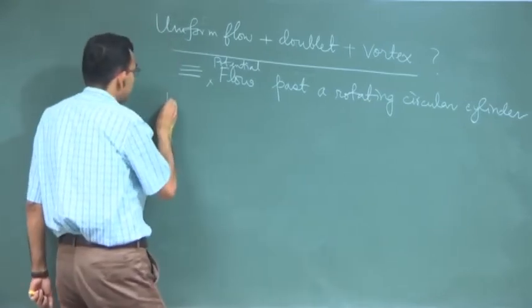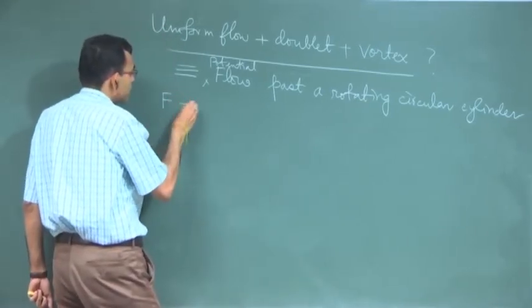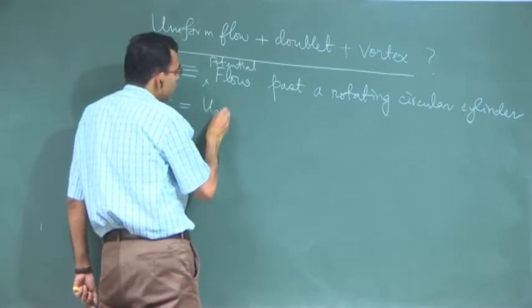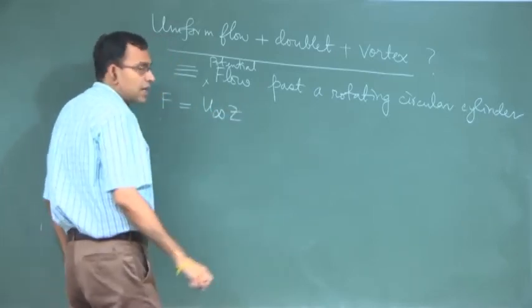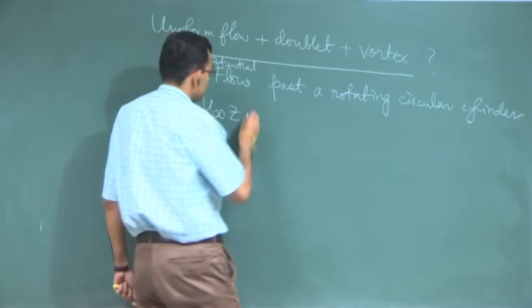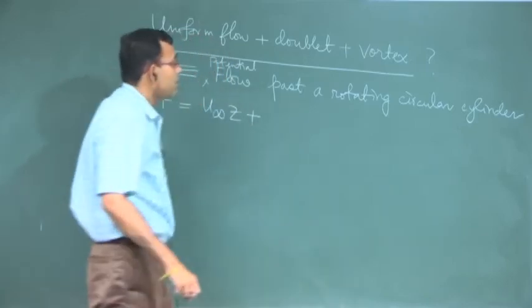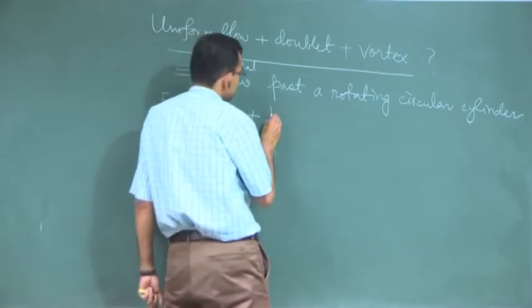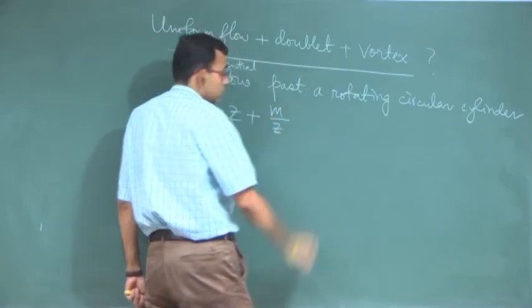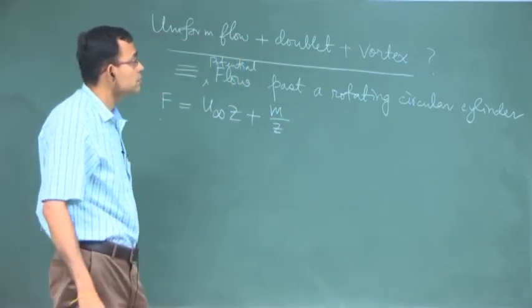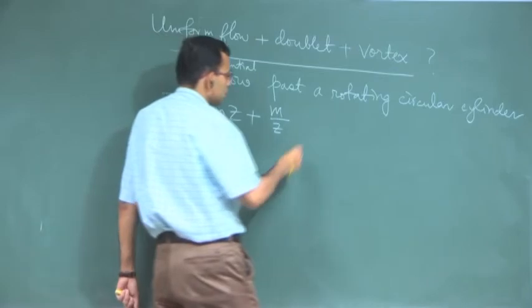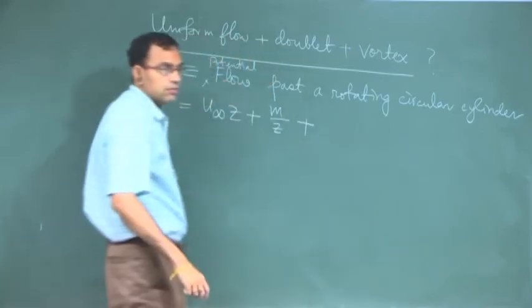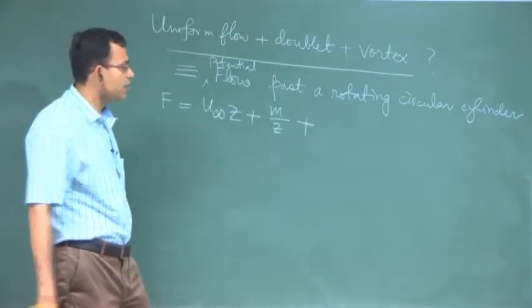Okay. So, in this case what is F? Uniform flow along x axis is u infinity z plus doublet plus vortex.